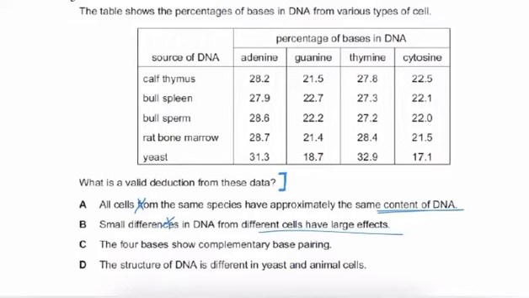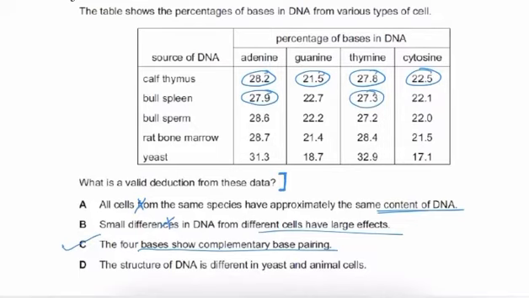The 4 bases show complementary base pairing. Yes, this is the right statement. This can be deduced from the data, because we can see that in every species or in every cell, the percentage of adenine is almost equal to the percentage of thymine, and the percentage of guanine is almost equal to the percentage of cytosine.